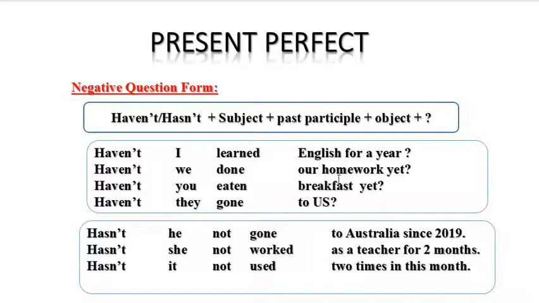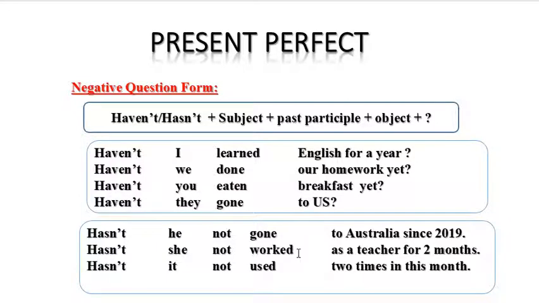Haven't we done our homework yet? Haven't you eaten breakfast yet? Haven't they gone to the US? Okay, that is the negative question. Hasn't he gone to Australia since 2019?